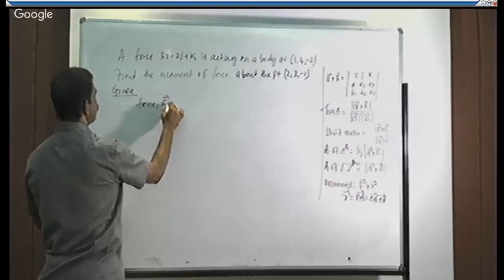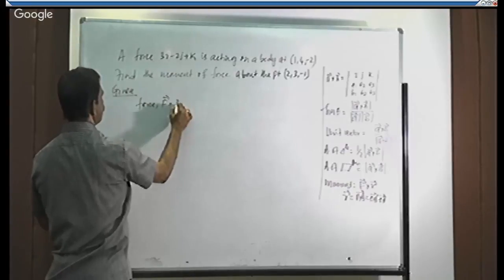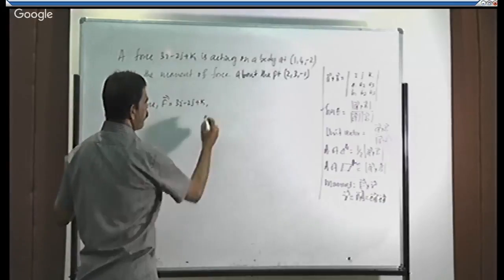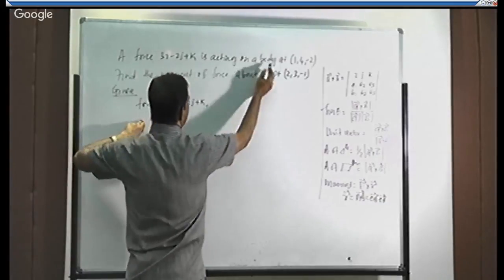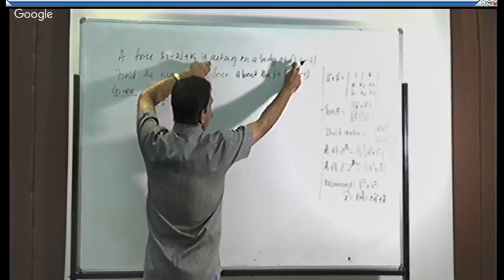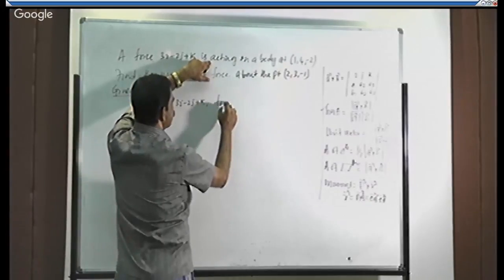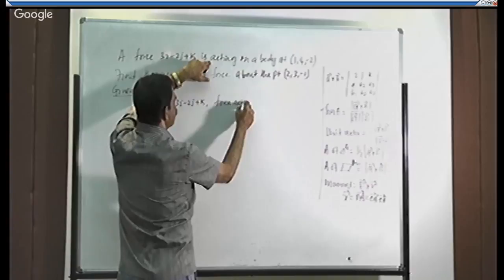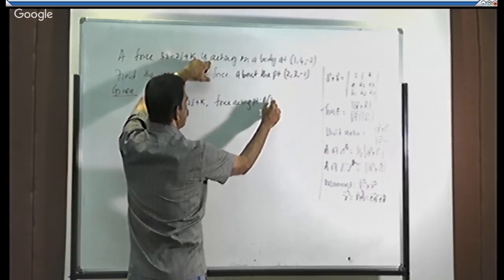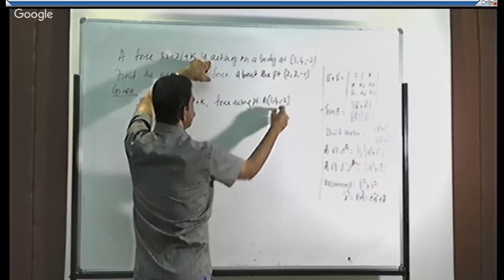F is equal to force 3i minus 2j plus k, acting on a body, that is, force is acting on a body at this point. Hence, force acting point is what? A of 1, 4, minus 2.